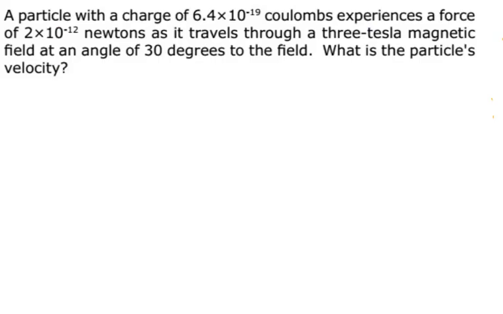I saw this question in the multiple choice questions, so I thought that I would solve it with you. A particle with a given charge experiences a given force and is traveling through a 3 Tesla magnetic field at an angle of 30 degrees. What is the particle's velocity? So the force is given by qvB sin θ.